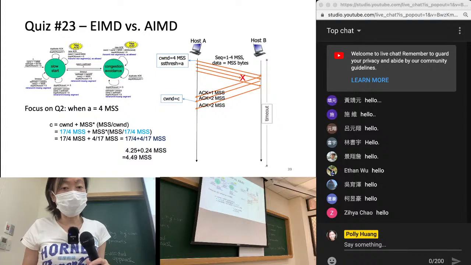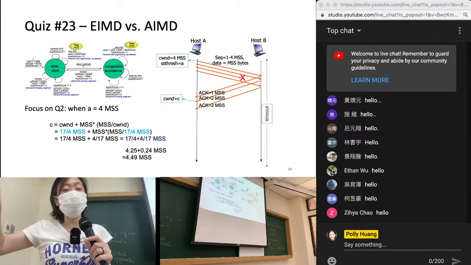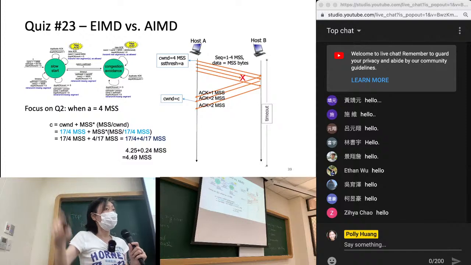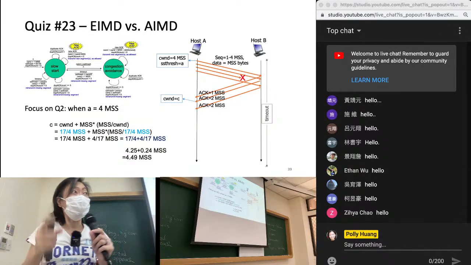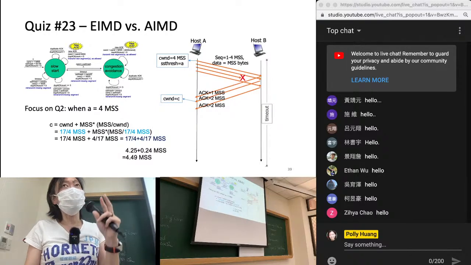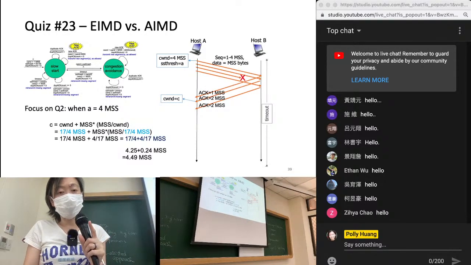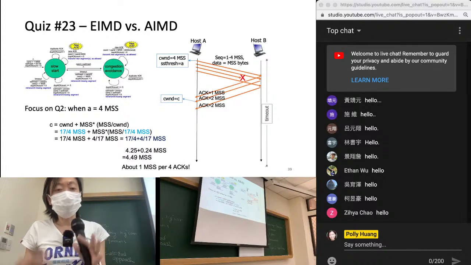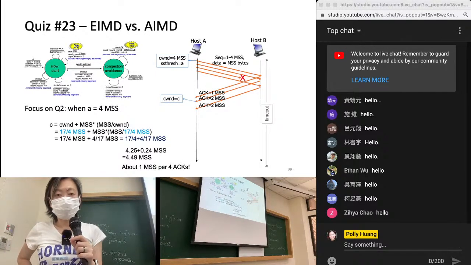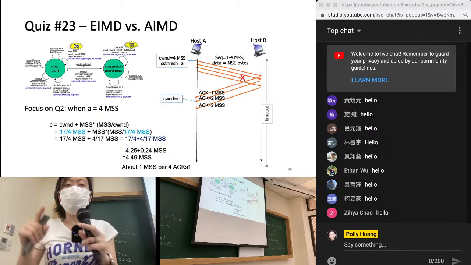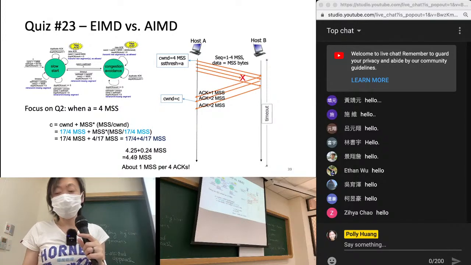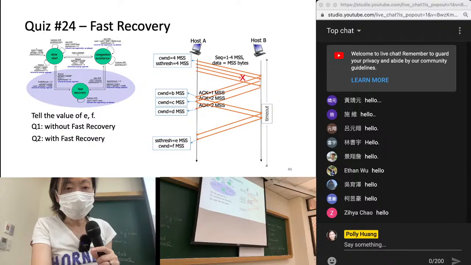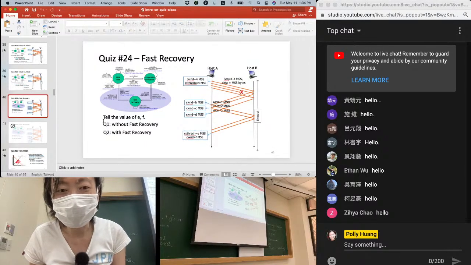The student was correct, because the idea is that after one round trip time, after 4x, we increment the window size by 1 MSS. Therefore approximately 2x should get it to about 4.5. We're very close, about 4.5. All right, so I hope that the way we're incrementing the window size in congestion avoidance state is clear. Oh, oopsie. Okay, well, you see the next quiz.